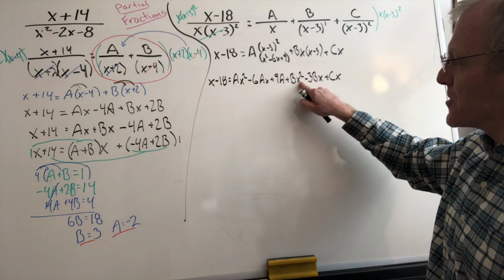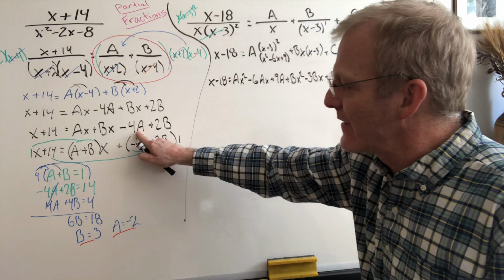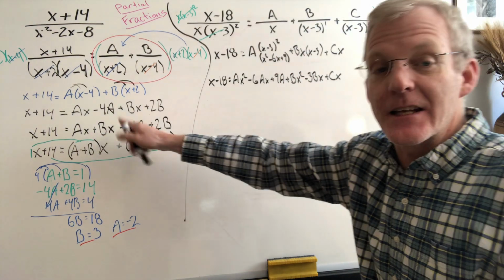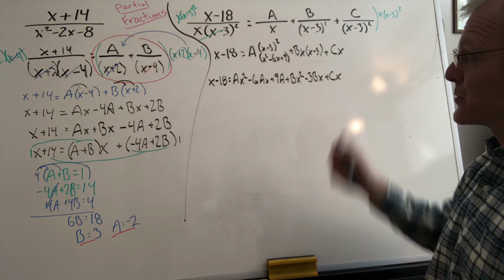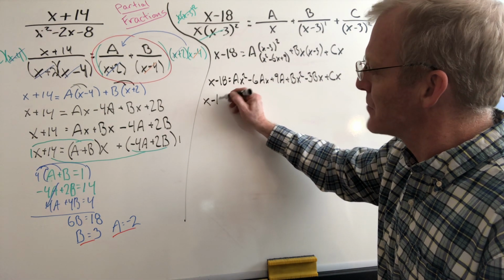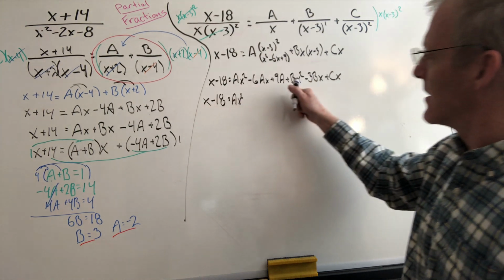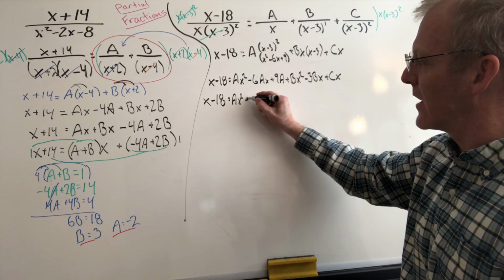combine the largest powers. Remember, we did that over here. We put it in order so the x's were together and then the 1's were together. And I said if we had powers higher, which we do, that's what we're going to get to. So we're going to say x minus 18, sorry, equals ax squared plus bx squared.